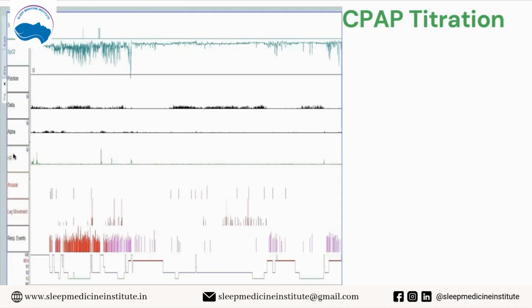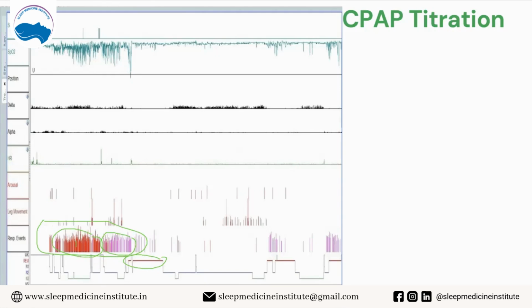Let's go through this a little bit more. You can see that these are all apneic events. Different colors mean different things: the red ones for this device are obstructive events, and these are hypopneas. And this I mentioned was the REM sleep.